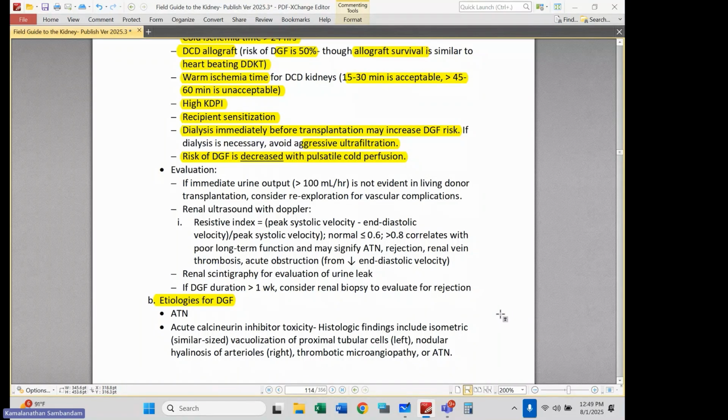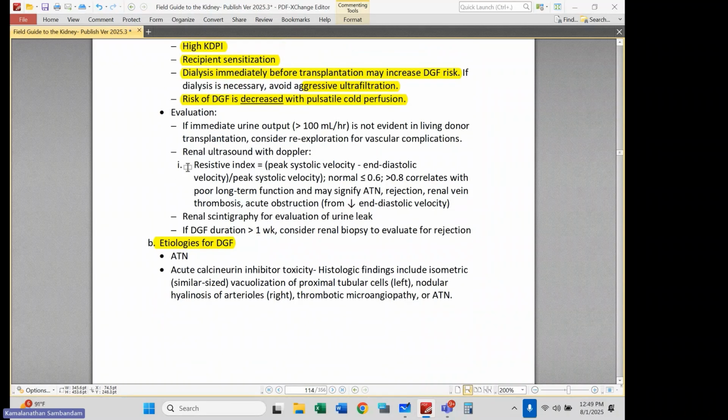They're put on a machine where it's pumping preservative solution through the allograft. You can monitor parameters and the surgeon can make decisions based on those parameters of how good the kidney is. One test is how much vascular resistance it has as it's pumping cold preservative solution through the allograft.